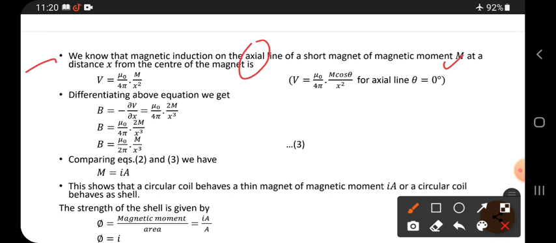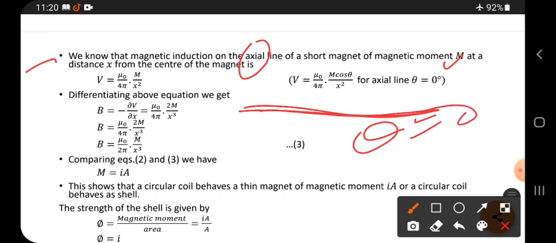What does axial line mean? On the axis we cannot get any angle, so theta value is 0. Substituting theta as 0, cos 0 is 1, and m by x square will be there. So this is the equation.